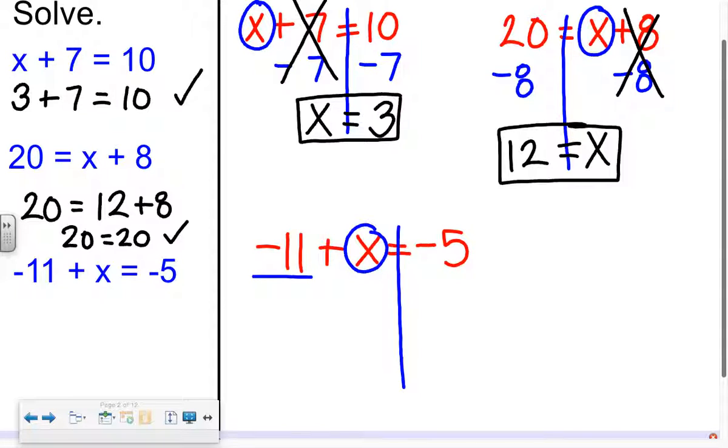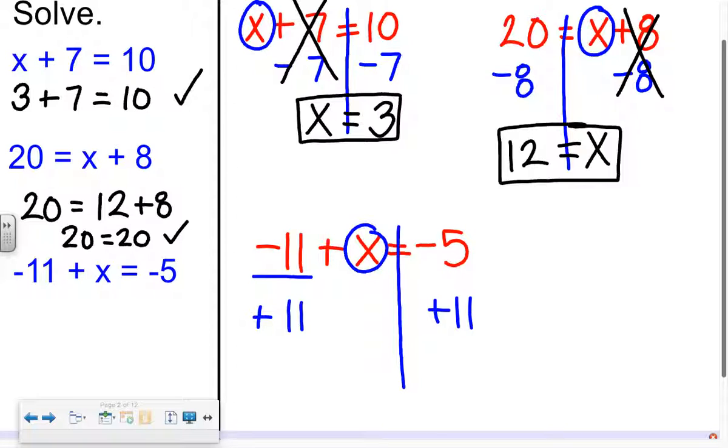You have to look at that negative sign in front of the 11. Yes, I have a plus in the middle, but I don't want to subtract 11, because negative 11 and negative 11 would give me negative 22. I need to make 0. So I have to think about what will make 0 with negative 11, well, positive 11. So I have to add 11 to both sides.